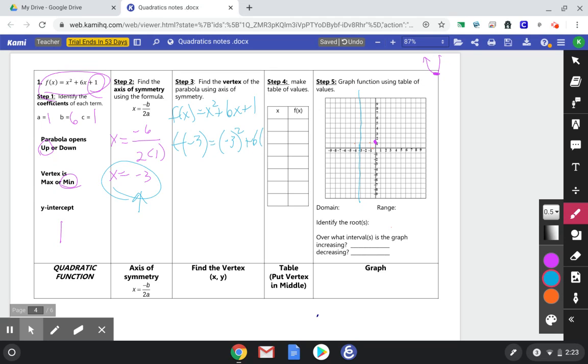So I am going to plug in -3 for x into my equation.